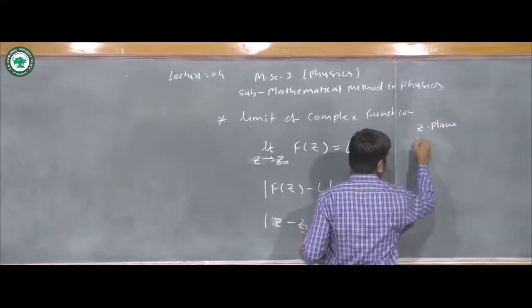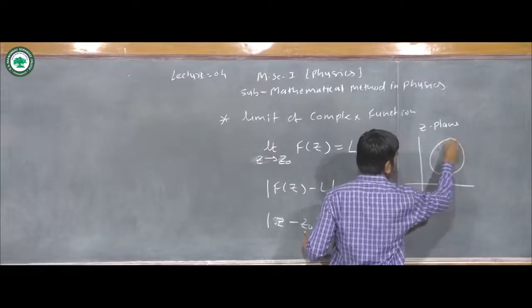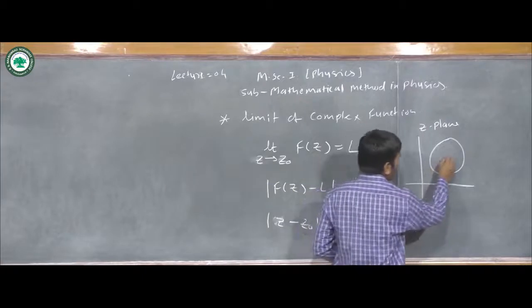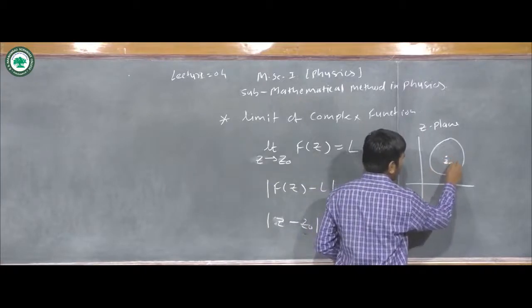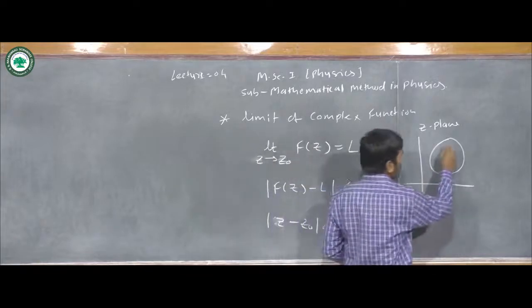If I consider the z plane, here I have one circle, and the center of this circle is z naught. And this z is in the neighborhood of z naught.